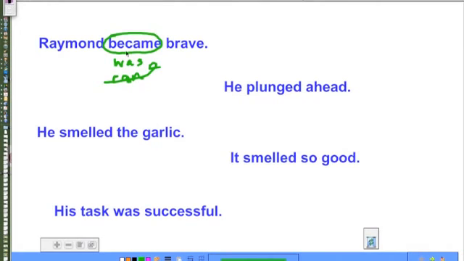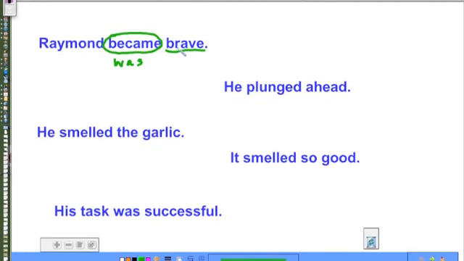And secondly, what I like to do a lot of times, let me erase this for you, get it out of our way here, is I like to look at this word and say, became what? Brave. All right. So I look at this word now, brave, and I say, is brave a state of being? Is it describing something in this subject?